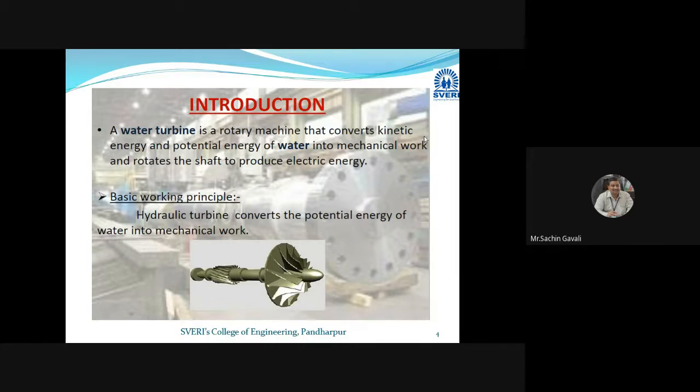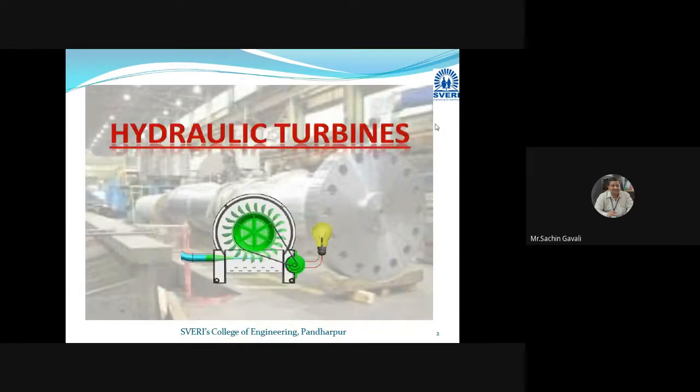That we call electricity. So like steam turbines, the purpose of water turbines is also the same. The only thing is, in a steam turbine we use thermal energy as the input, while in a water turbine or hydraulic turbine we use hydraulic energy as the input. So a hydraulic turbine converts potential energy of water into mechanical energy.